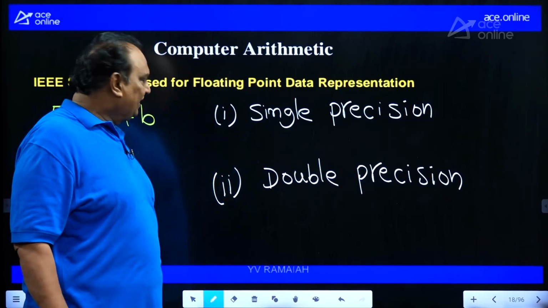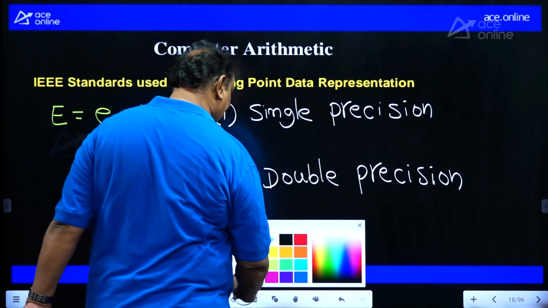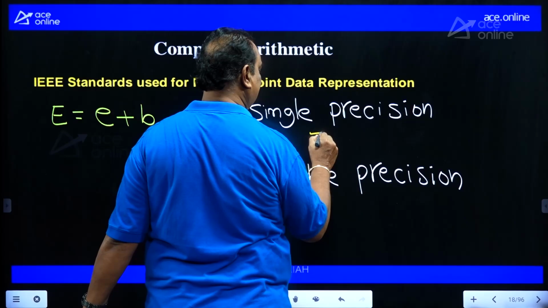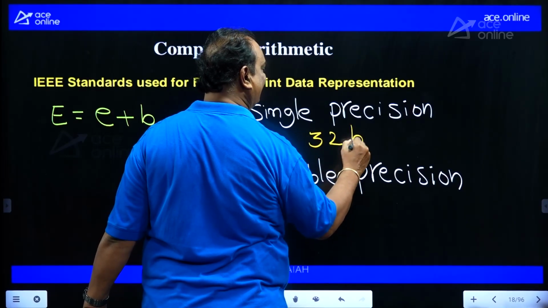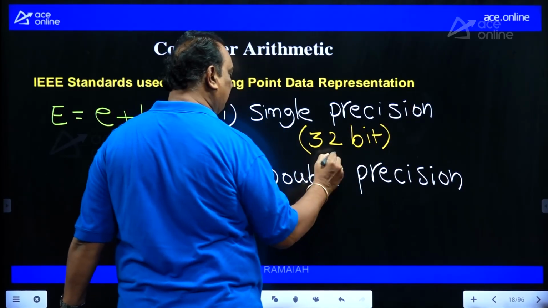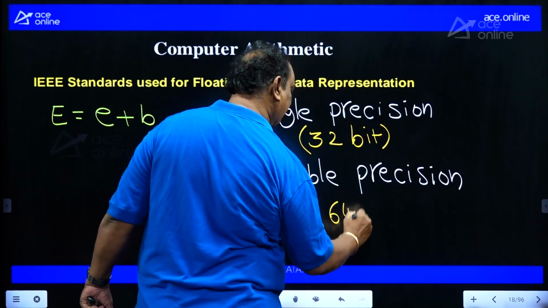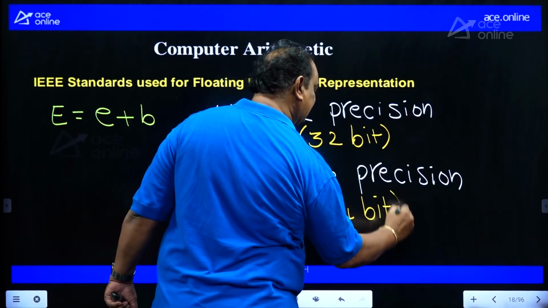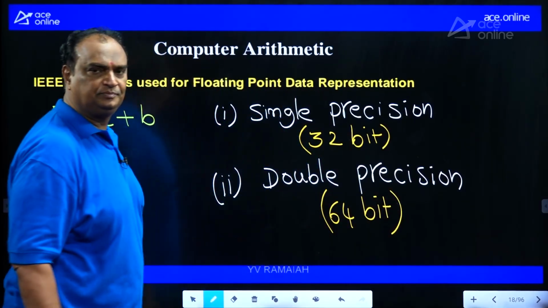What is single precision and what is double precision? Single precision size is 32 bits. Entire register size is 32 bits. Double precision size is 64 bits. Entire register size is 64 bits.